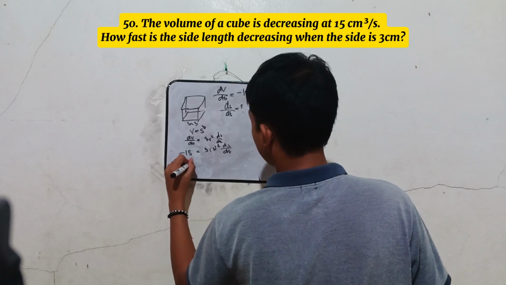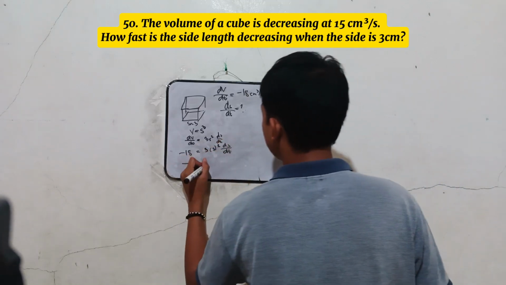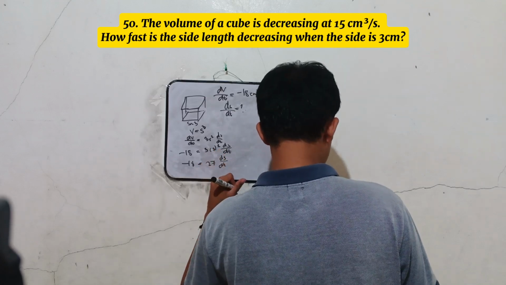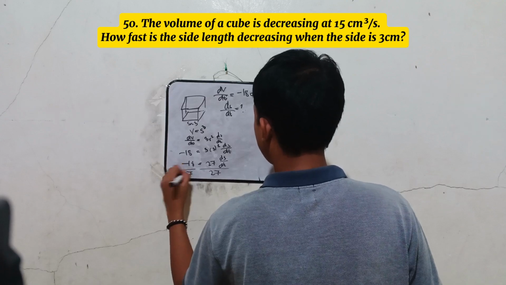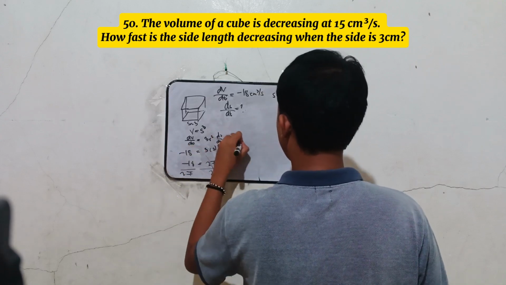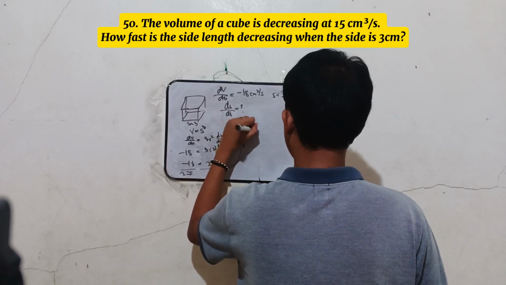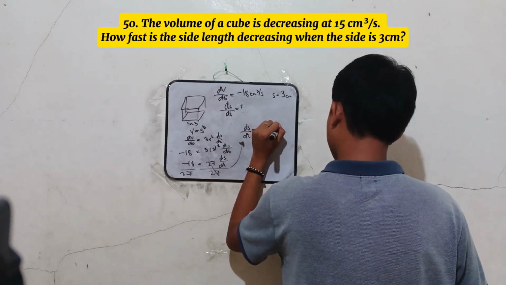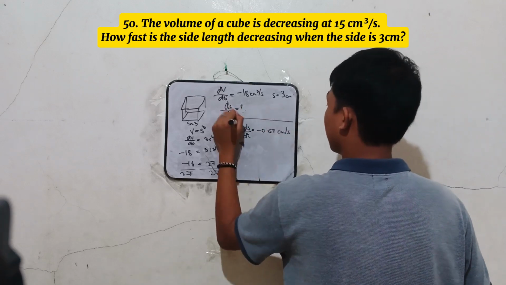Then this will become 3 times 3 is 9, 9 times 3 is 27, ds over dt. Then divide both sides by 27. The final answer will be ds over dt is equal to negative 0.67 centimeter per second.